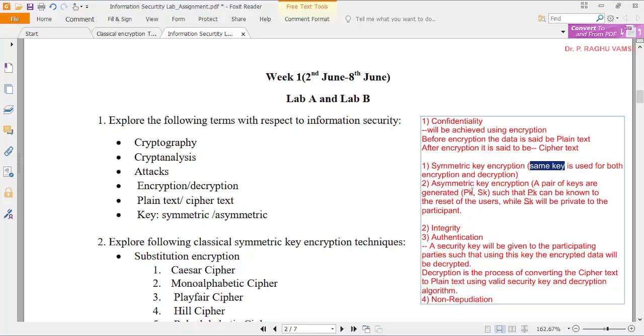Whenever he announces the public key, the rest of the people like B, C, D, E will know the public key. If they want to send data to A, they will use the public key of A, encrypt it, and send it to A. So who is the intended recipient here? A. Whenever A receives it, using his secret key, he will decrypt it. That is the asymmetric key algorithm. That is the advantage of the asymmetric algorithm.